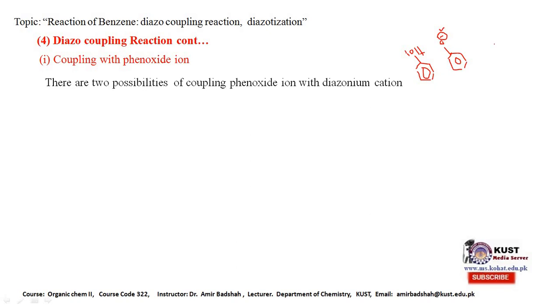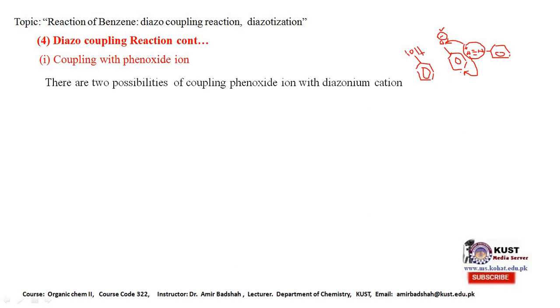So when the benzene diazonium cation reacts with phenoxide ion, there are two possibilities for this reaction. Either the diazo group of the diazonium cation will couple with the oxygen of phenoxide, or it will couple at a carbon of the aromatic ring.